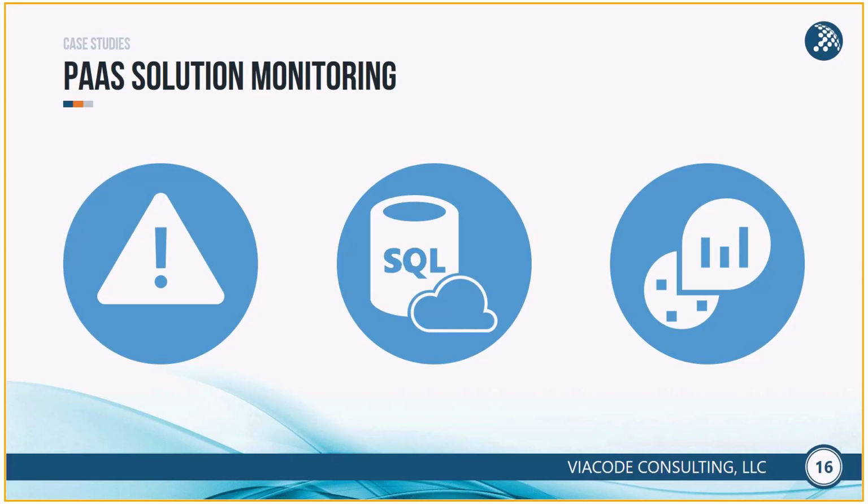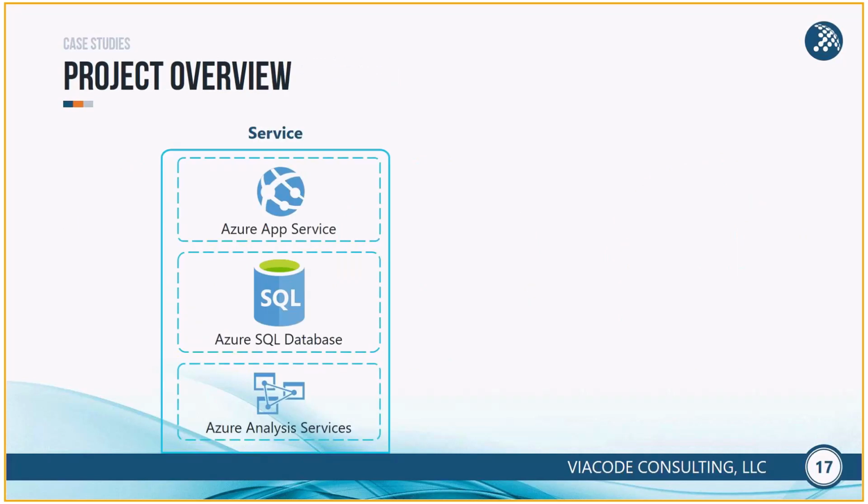Here I'll be talking about that very customer from the monitoring perspective. And the customer had a very typical, very simple architecture. Its service consists of Azure App Service as a front end, plus a couple of back-end services, SQL database and Analysis Services.